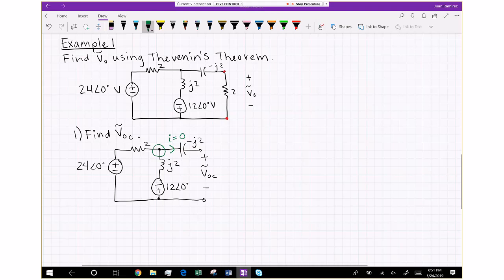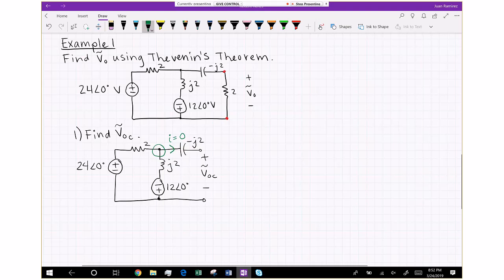An impedance follows Ohm's law, which says the voltage across an impedance is equal to the current through the impedance times the impedance value. That's Ohm's law for AC circuits. And so if the current is equal to 0, then the voltage across it is equal to 0.